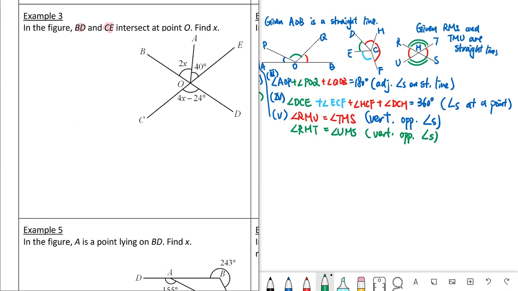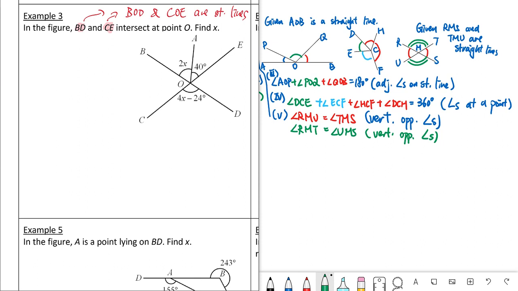It means that BD and CE intersect at point O. It means that BOD and COE are straight lines. For straight lines, we will use the property of intersecting straight lines, that is, vertically opposite angles.